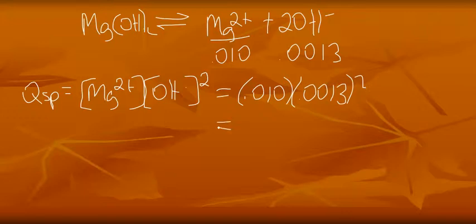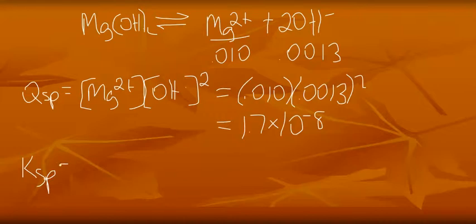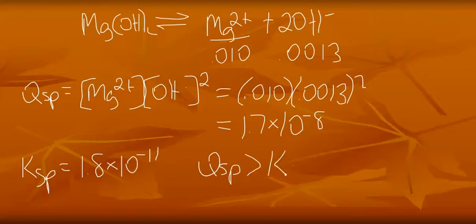So QSP comes out to a value of 1.7 times 10 to the negative 8th. KSP for magnesium hydroxide, and again you will have to be given KSP, 1.8 times 10 to the negative 11th. So I make a comparison. QSP is greater than KSP, so yes, a precipitate will form in this case.